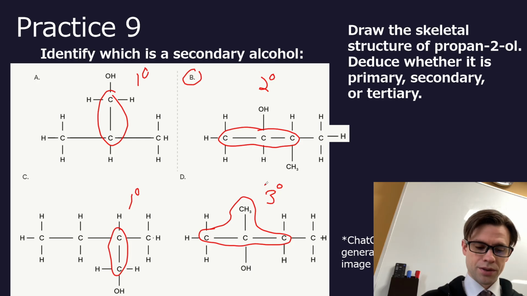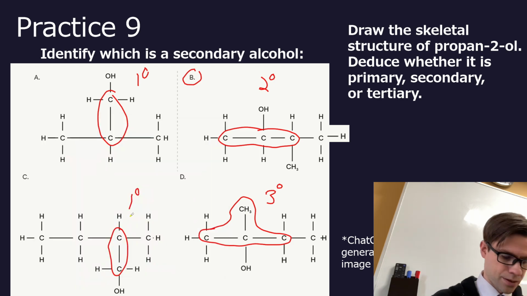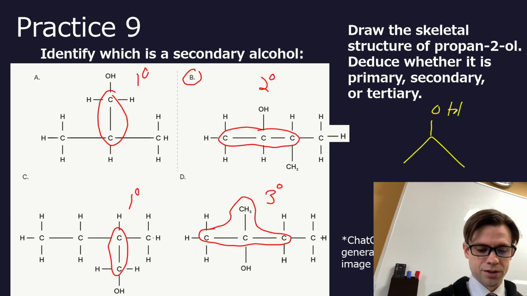Then on the right, draw the skeletal structure of propan-2-ol, deduce whether it is primary, secondary, or tertiary. So draw the propane, skeletal. On the second carbon, we have an OH group for the alcohol. How many carbons are attached to this alcohol carbon? There's one on the left, one on the right.